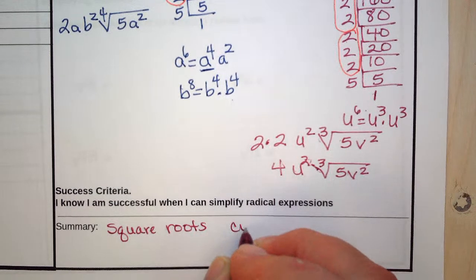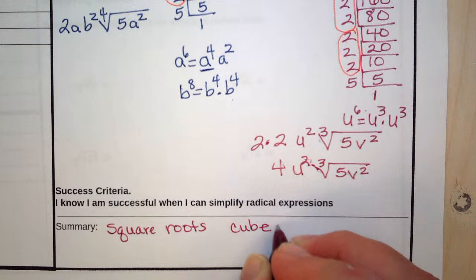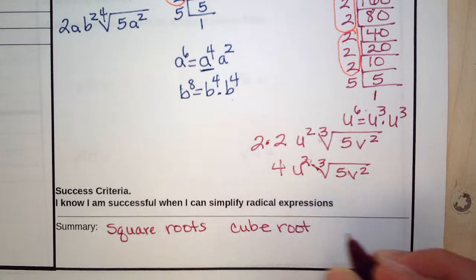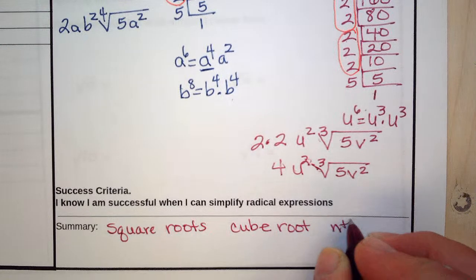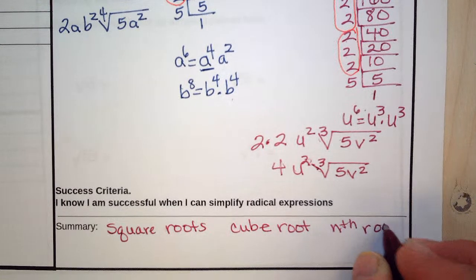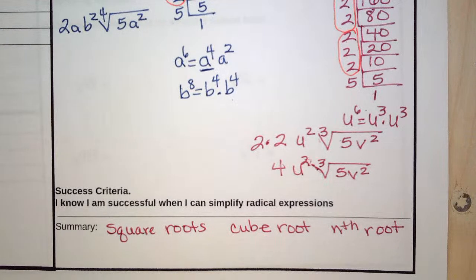We went through cube roots, which is to the 3rd power. Anything bigger is that nth root. So I hope this is a good introduction and it's got you thinking about how you simplify these radicals.